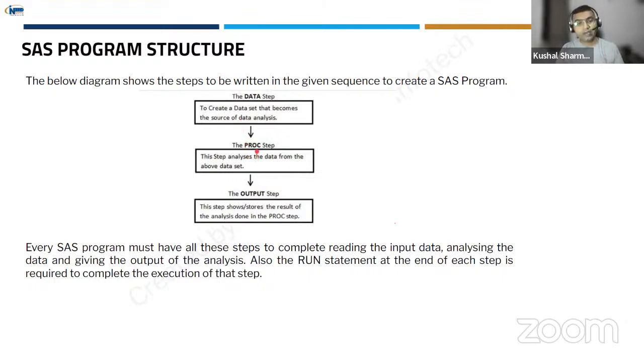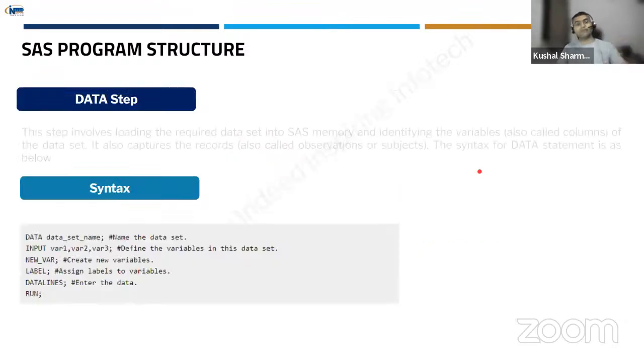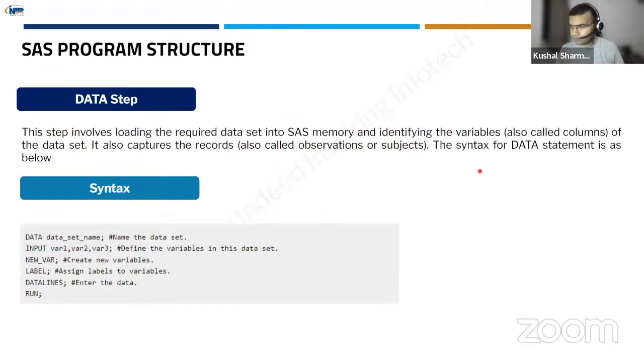Then we have a proc step, which is where we do the analysis of the data, and then the output step, which displays or stores the result of the proc, whatever analysis we have done. Every program must have all these steps to complete reading the input data, analyzing the data, and giving the output of analysis. Also, a run statement at the end of each step is required to complete the execution of that step. So let's move ahead and try to understand further.